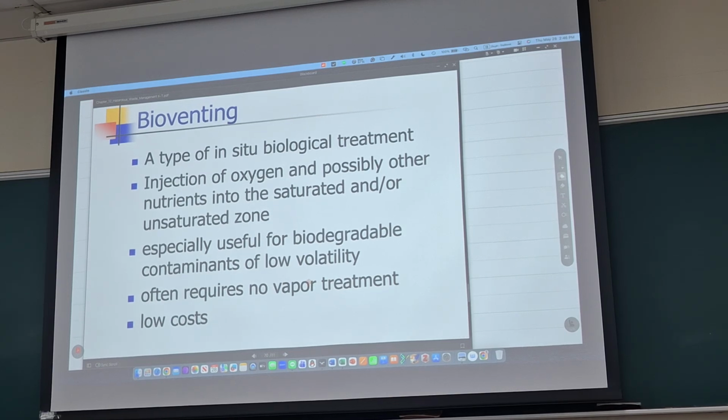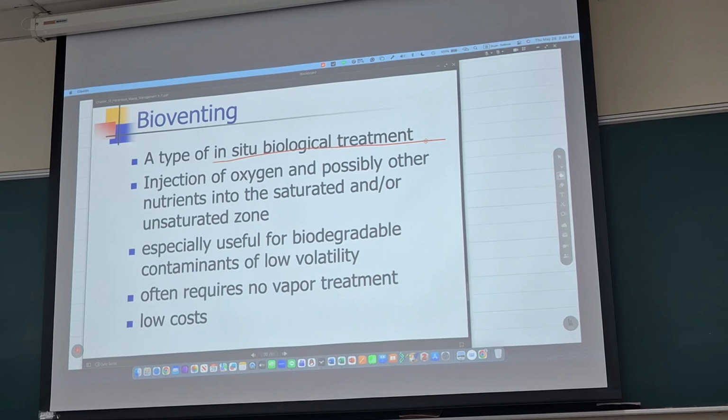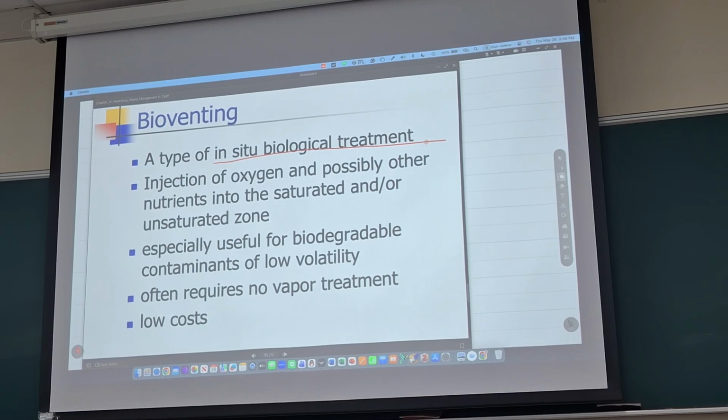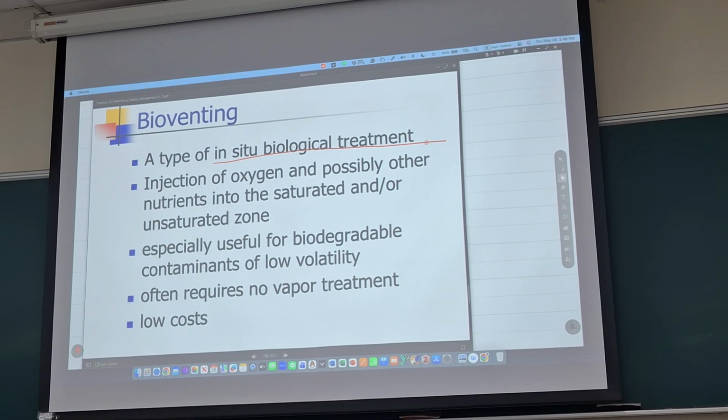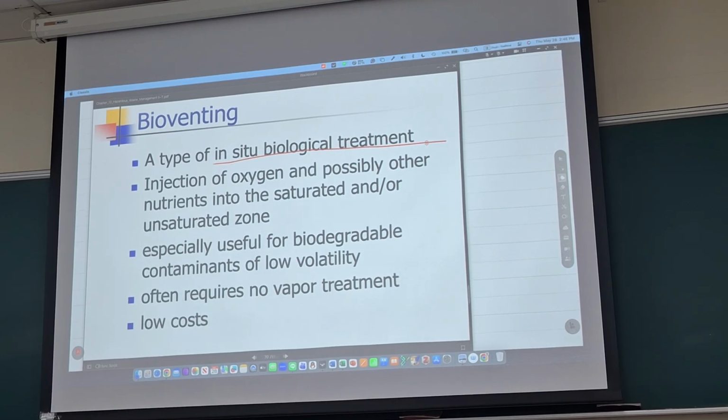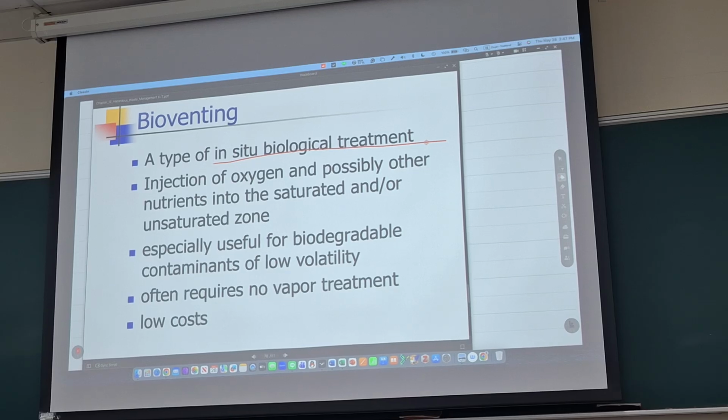So the next one is called bioventing. Bioventing is a type of in-situ biological treatment. So what do we inject?